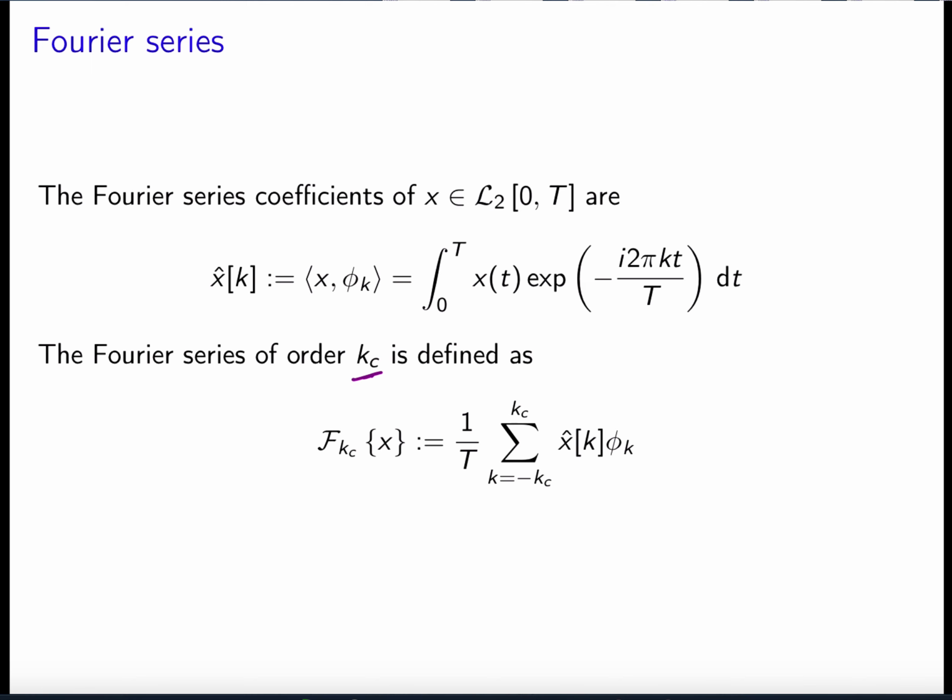If you just want an approximation up to that maximum frequency, what you do is you sum up all those components weighted by the corresponding coefficient. Remember that you need this 1 over T because the norm of each of the sinusoids is square root of T. And this gives you this approximation of the function up until that frequency.